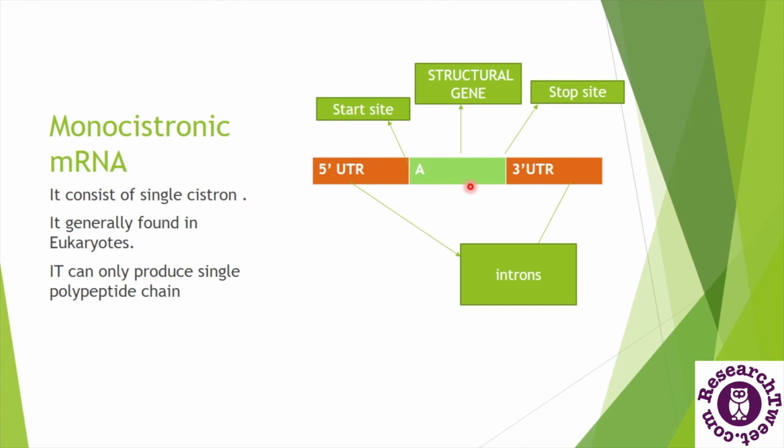So it always produces a single polypeptide chain, but in the case of polycistronic mRNA, it produces more than one polypeptide chain from a single transcriptional unit. Monocistronic mRNA is generally found in eukaryotic organisms, and it can only produce a single peptide chain.